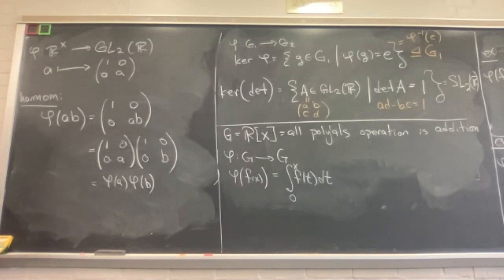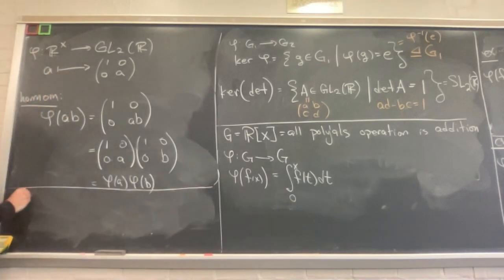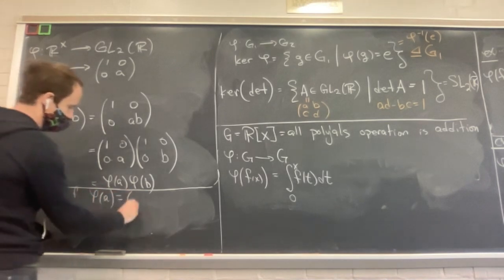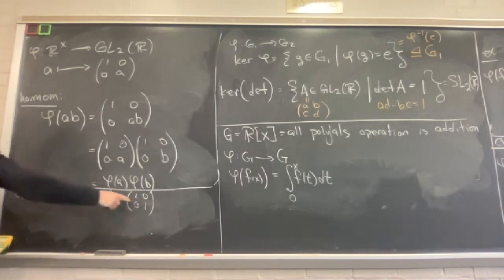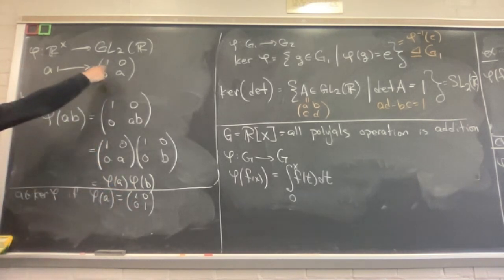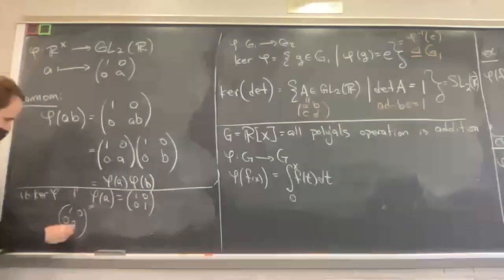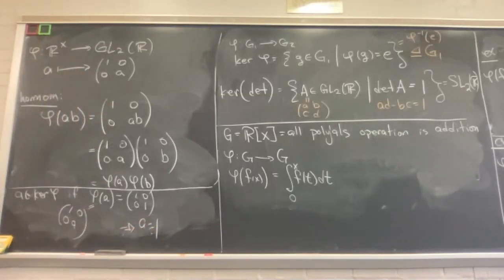And then it says describe the kernel. So let's see, A is in the kernel of phi if phi of A is equal to the identity matrix. So that's 1, 0, 0, 1, right? But if phi of A is equal to the identity matrix, well, phi of A is 1, 0, 0, A. So that means that A is equal to 1, right?